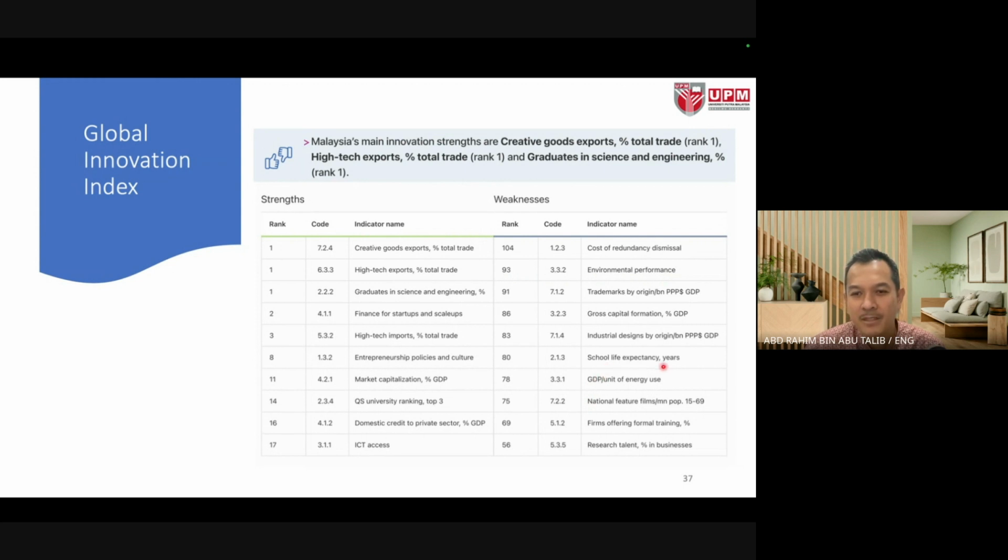School life expectancy in years, we rank number 80. Research talent percentage in businesses, we rank 56. So those are the things that need to be corrected in order for us to move up the rank. Remember, this is not just numbers. This is related to the economy of the country as well.